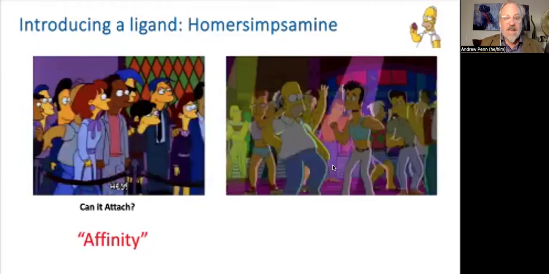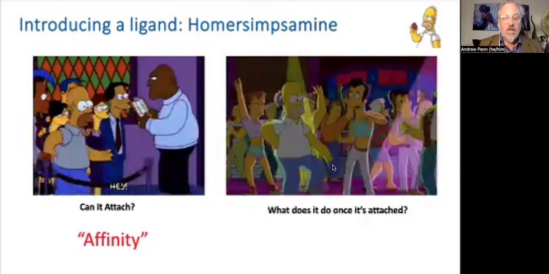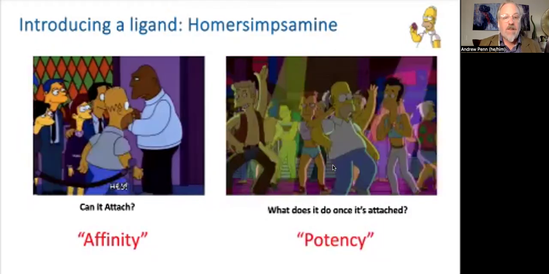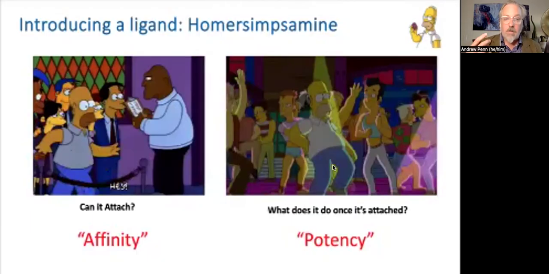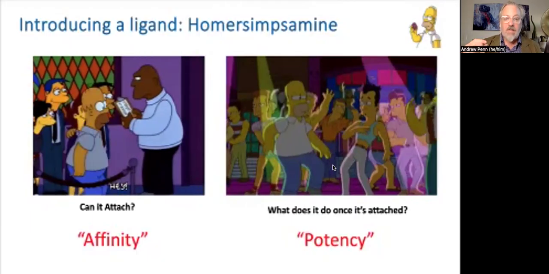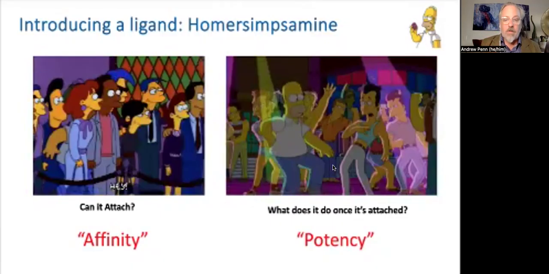Next, once it attaches to that receptor, what does it actually do once it's attached? This we can think of as potency. If it causes a lot of activity, that drug would be very potent. If it only causes a little bit of activity, we would say it's a less potent drug.